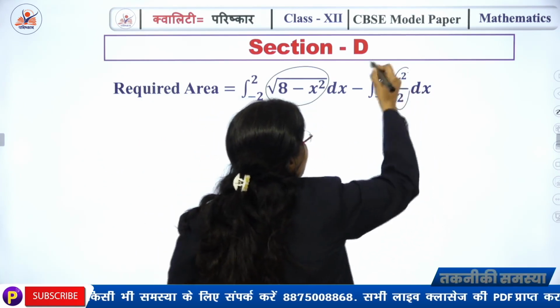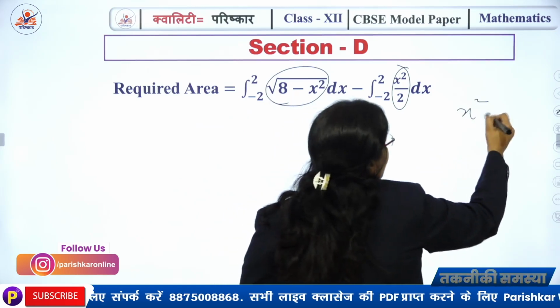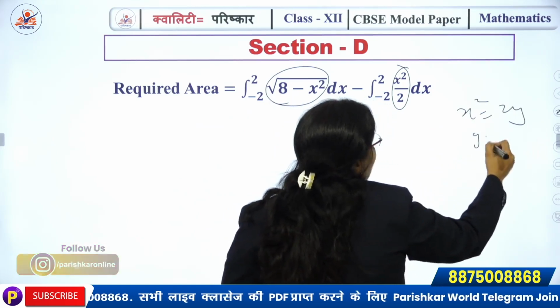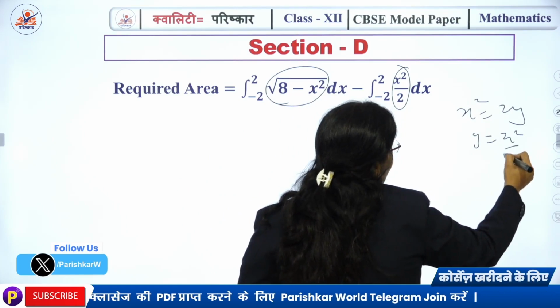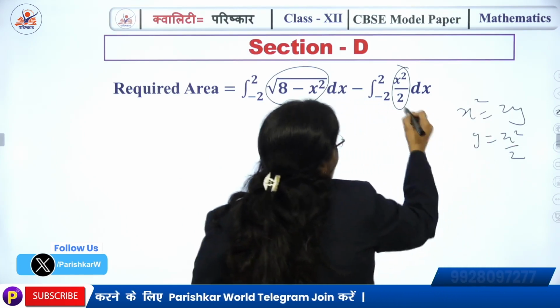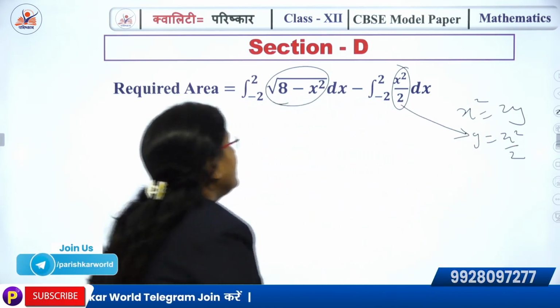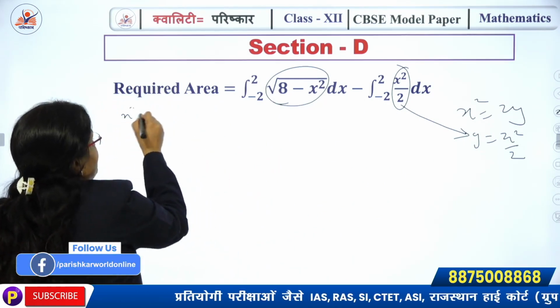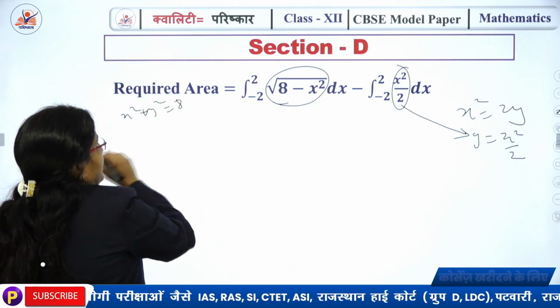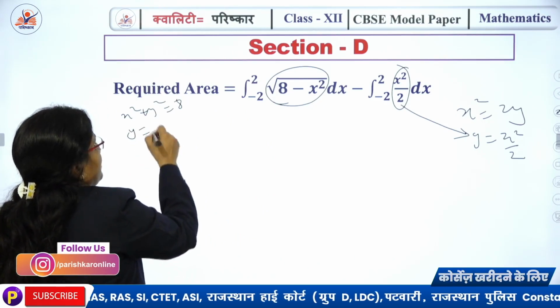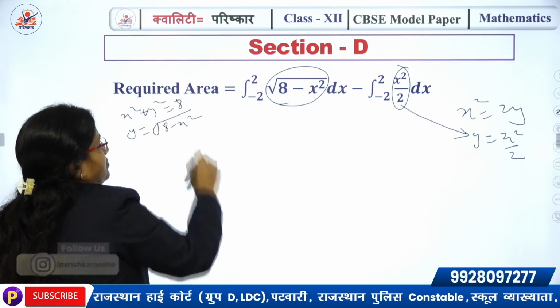From the parabola x square equal to 2y, y equals x square upon 2, and from x square plus y square equal to 8, we get y equal to under the root 8 minus x square.